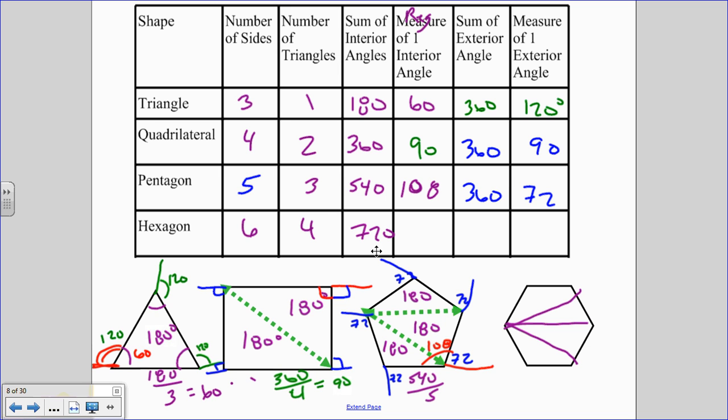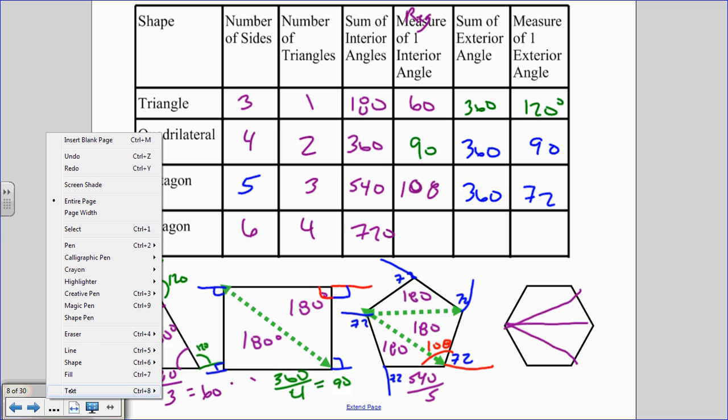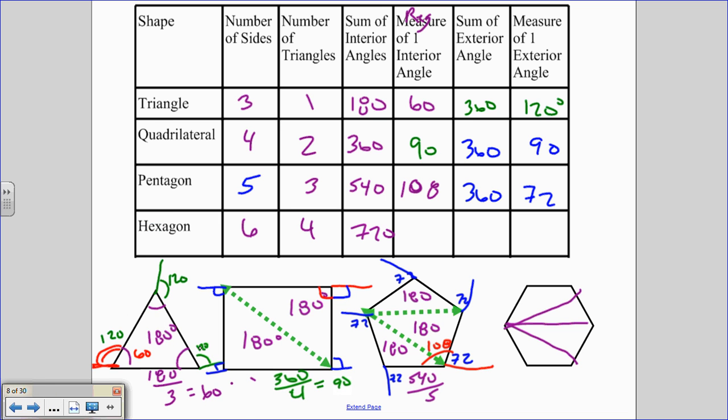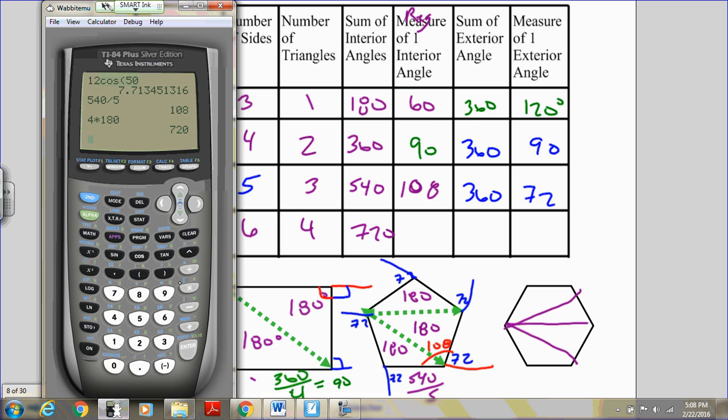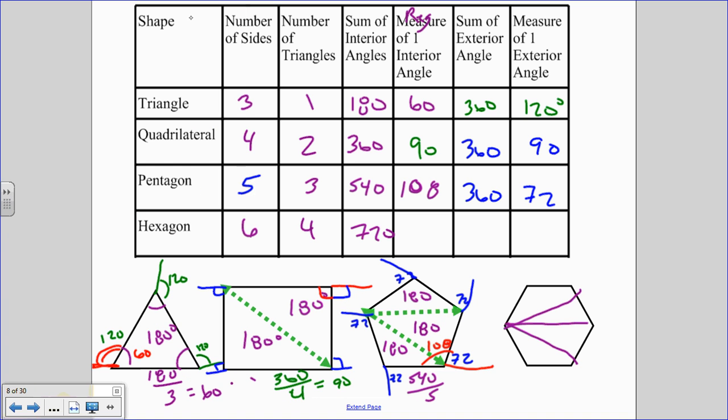If I take that sum and divide it by 6, it'll tell me the measure of each interior for a regular. So divide this by 6, and I get 120 is each regular interior angle.